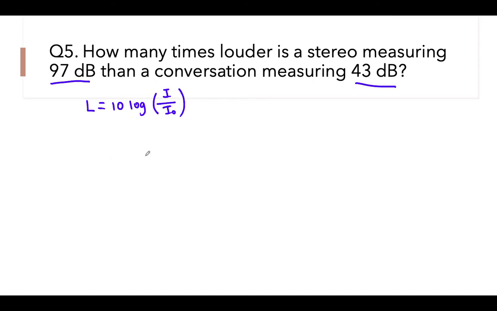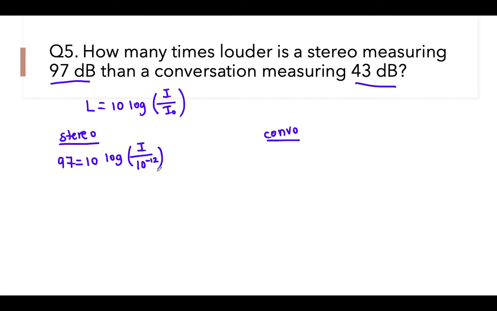First thing we need to do is figure out the loudness for each thing to figure out how many times. First, the stereo, and then I'm going to find the loudness for the conversation. For the stereo, the loudness is 97 equals 10 log I over I initial, which was given as 10 to the negative 12.